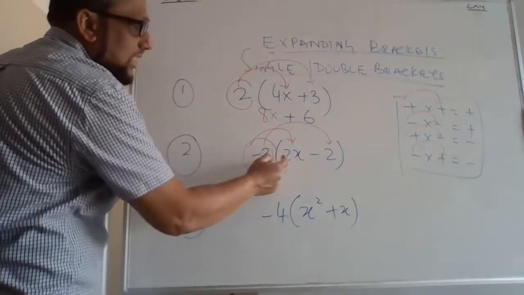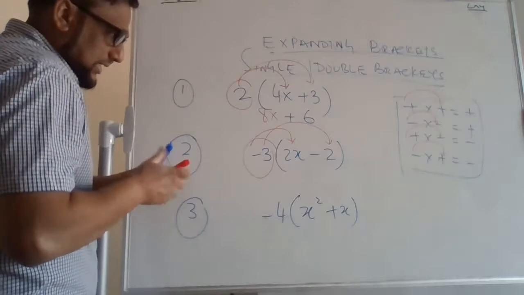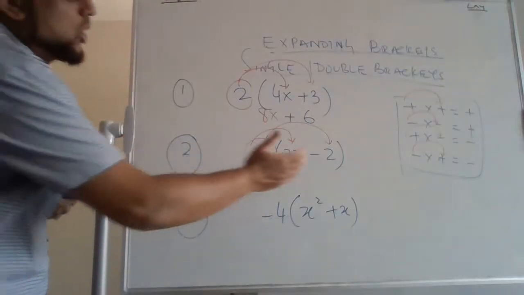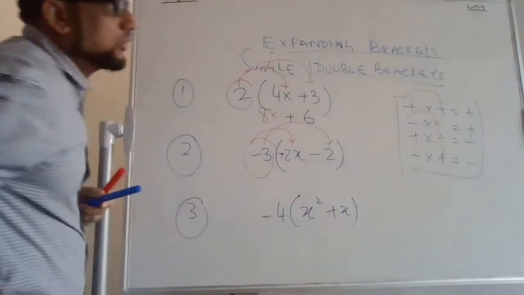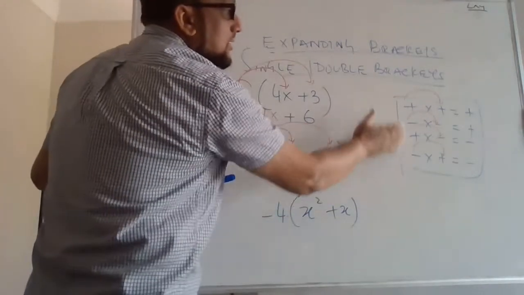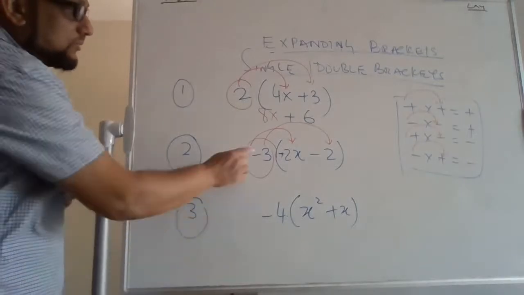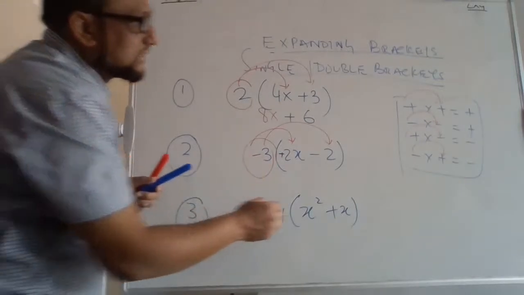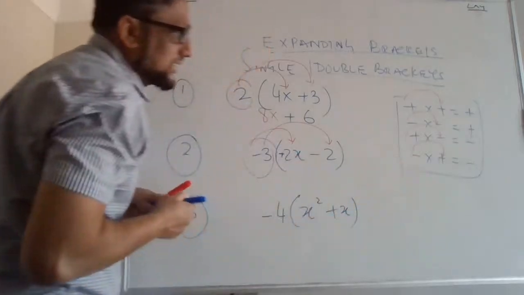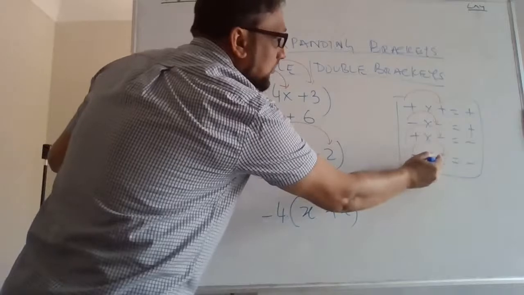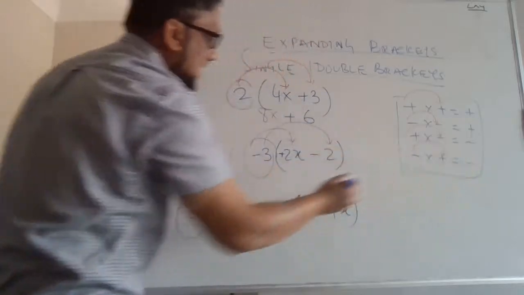The hidden sign of 2x is a positive. Okay, so it means the sign has positive. So you need to go here. Okay, the rules for changing the sign when they multiply. The minus times plus, you go here. This is minus and this is plus. When minus times with plus, the sign is changed to minus.